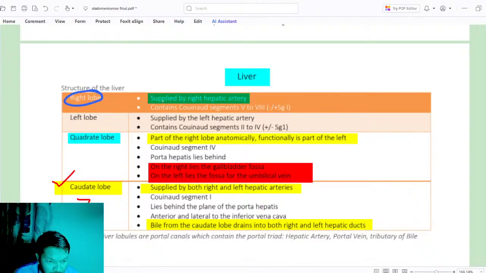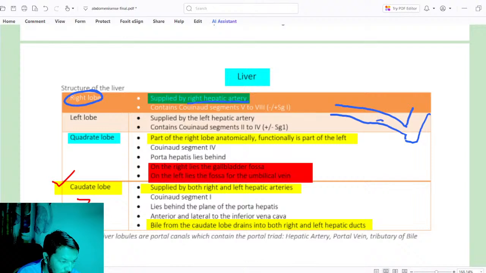The liver is supplied by the right hepatic artery. Remember, the common hepatic artery arises from the celiac trunk. This is supposedly the celiac trunk, and this is the common hepatic. Common hepatic first giving which branch? No, no, no. First branch. This is the common hepatic.